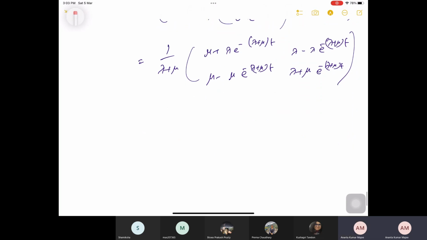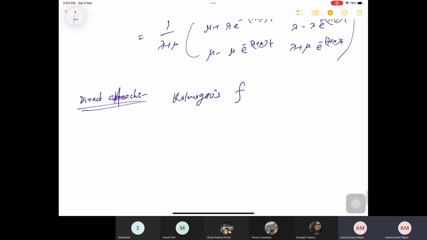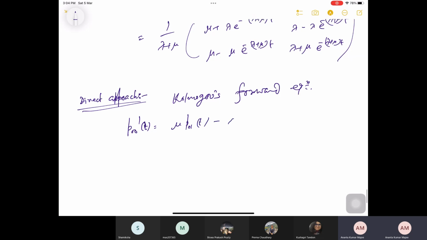Okay, let's see if you try to use the direct approach. If you use Kolmogorov's forward equation, it gives p00 prime of t equal to mu times p01(t) minus lambda times p00(t).